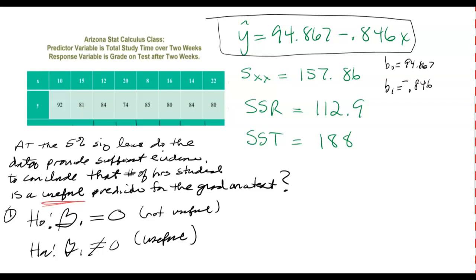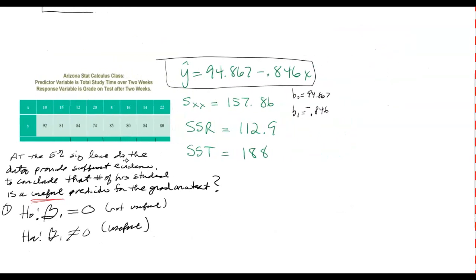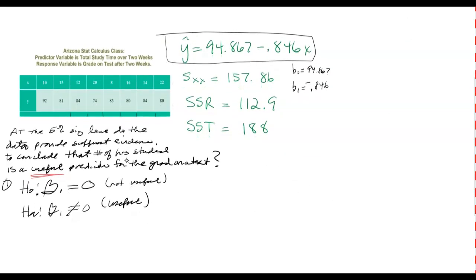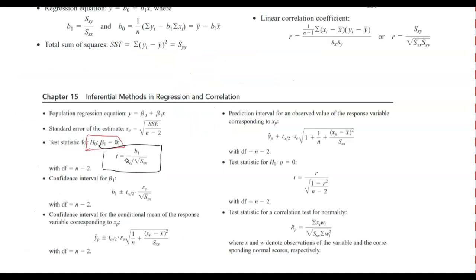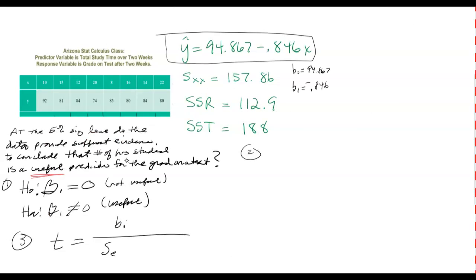Step 2 is getting all our information. Before we can get all our information, we need our test statistic, which is lowercase b sub 1, the slope of the sample, and then it's SE over the square root of Sxx. So we'll just write that down for a second.